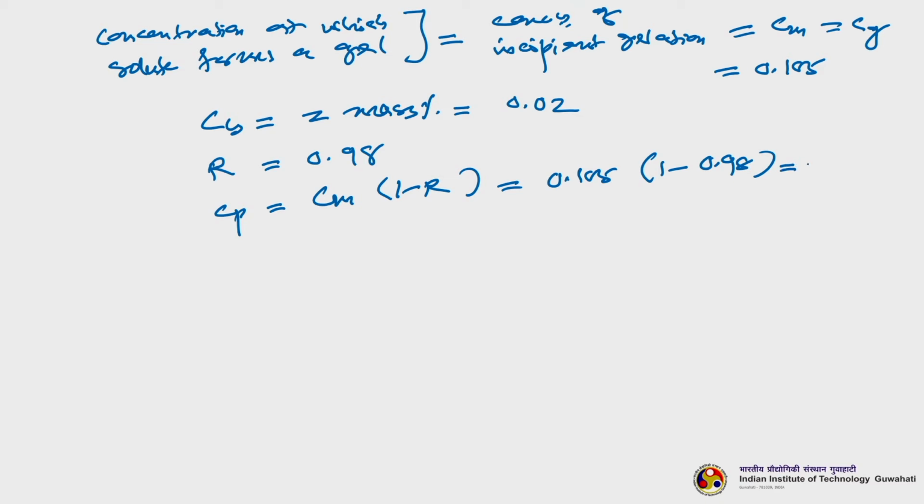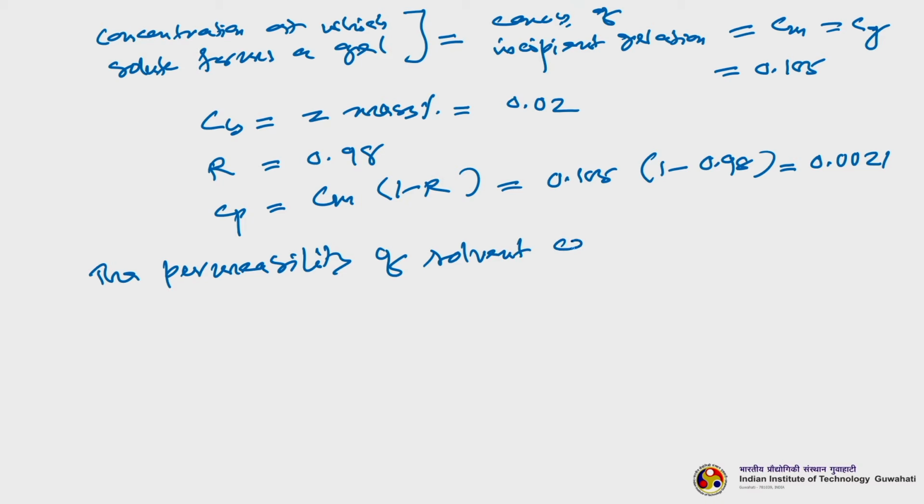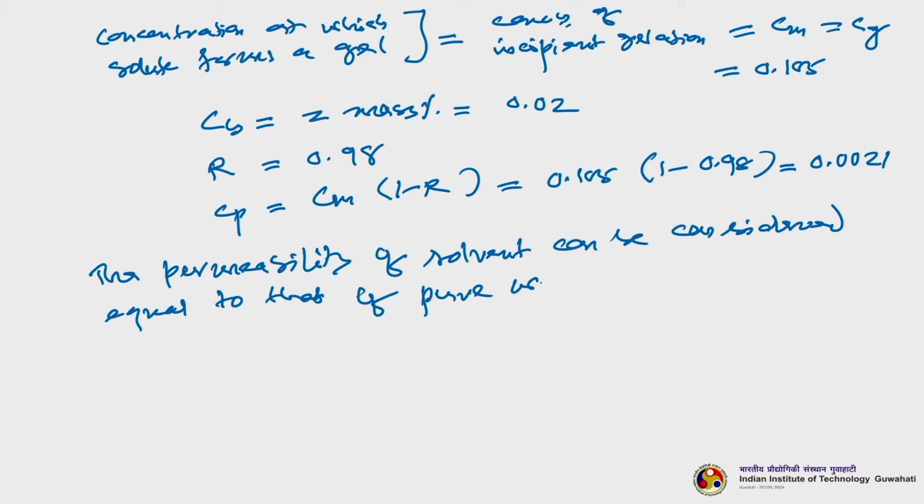So, your Cp equals 0.0021. So, the permeability of solvent can be considered equal to that of pure water. Okay. We are just considering that, pure water.